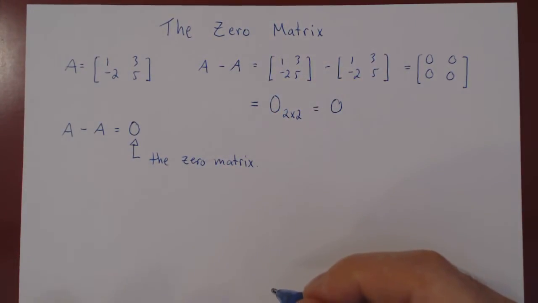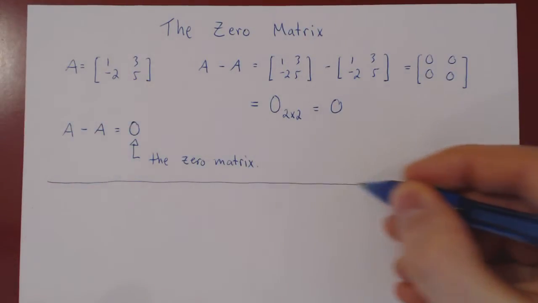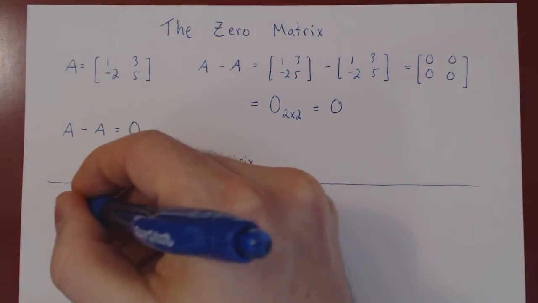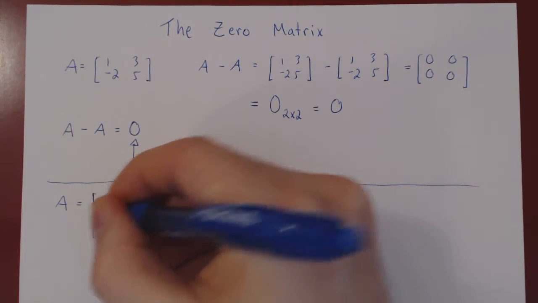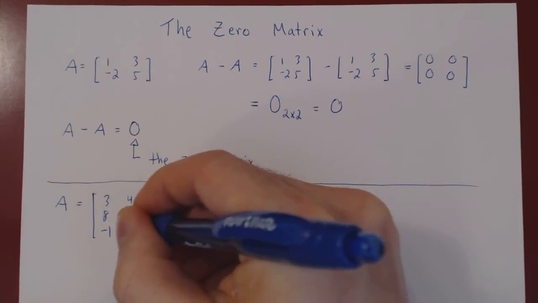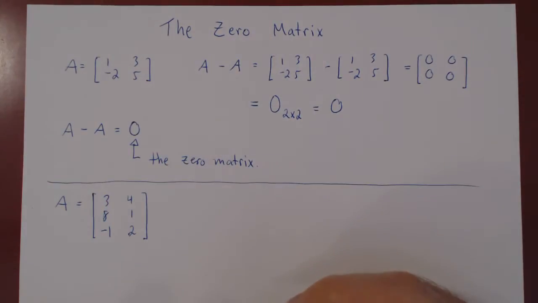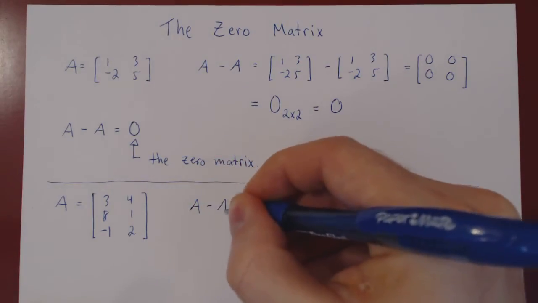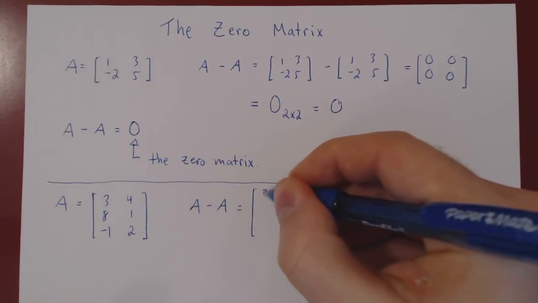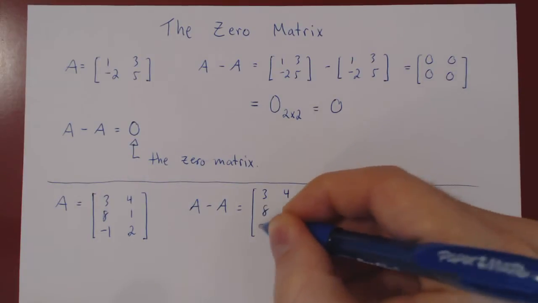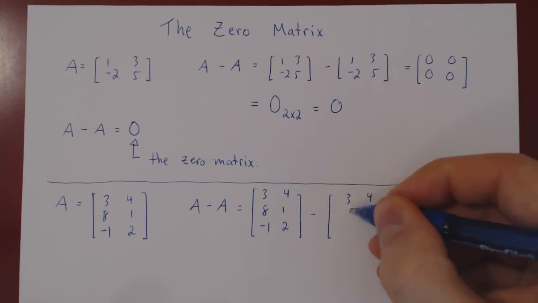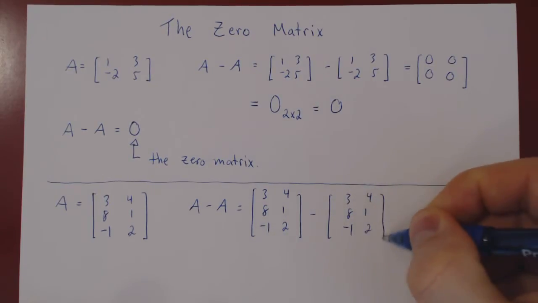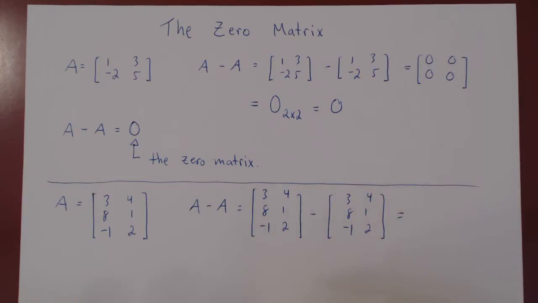Now the matrix A doesn't have to be square, right? You could look at a second example. Let's take, say, a 3 by 2 matrix. And once again, if we compute A minus A, when we subtract matrices, we subtract corresponding entries as they are all the same.